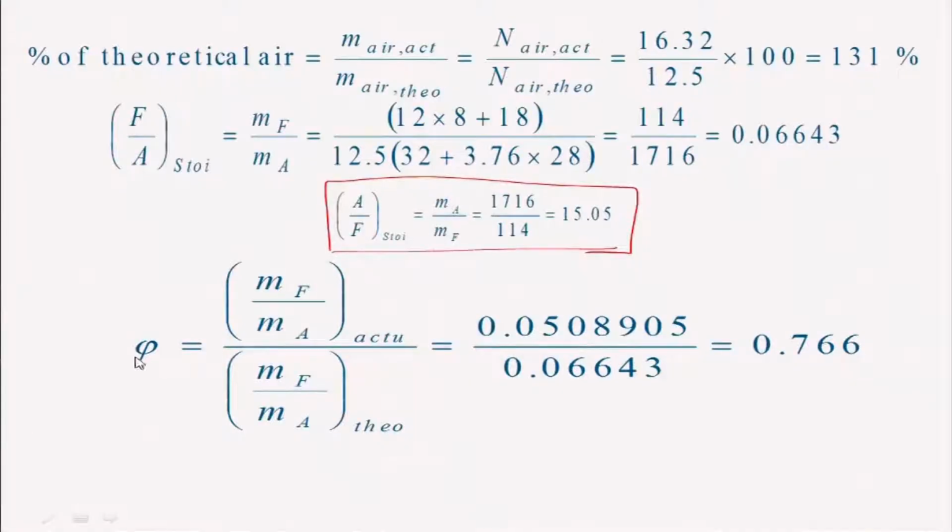And then the equivalence ratio is the actual fuel to air ratio divided by the theoretical fuel to air ratio, and that will give you 0.766. If you look at whether the mixture is lean or rich, which is this one?